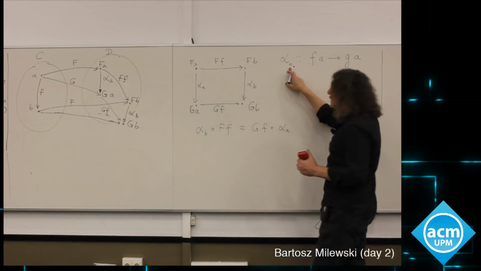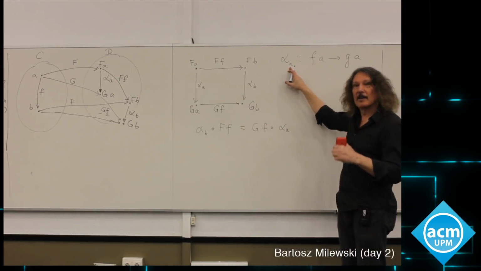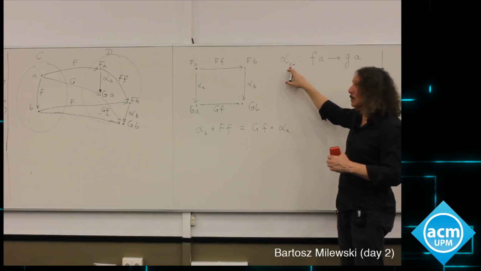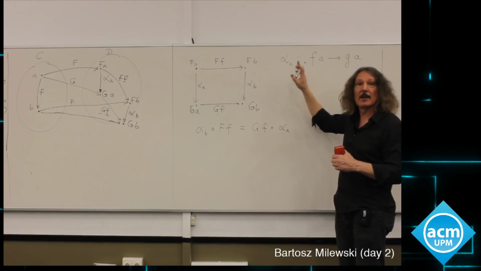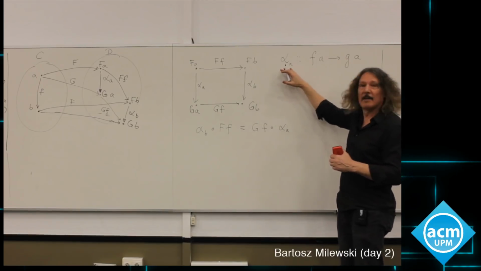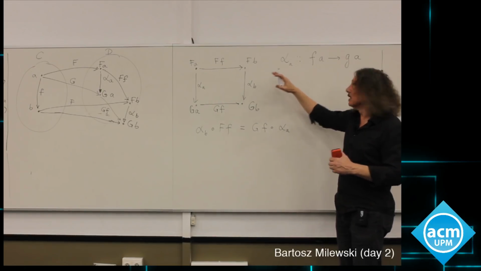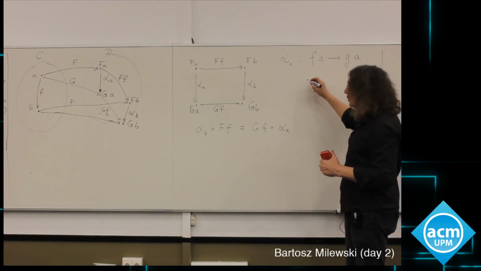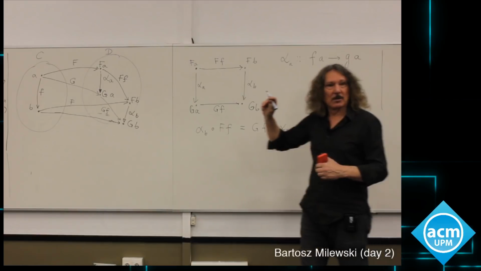Now this is not Haskell notation, just for your information. I mark it as a component of alpha at a. But it's a polymorphic function. It takes F a to G a. F is one functor, G is another functor.